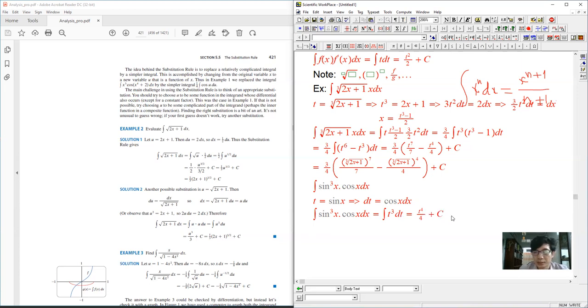Replacing t by sine, we get sine to the fourth of s over 4.